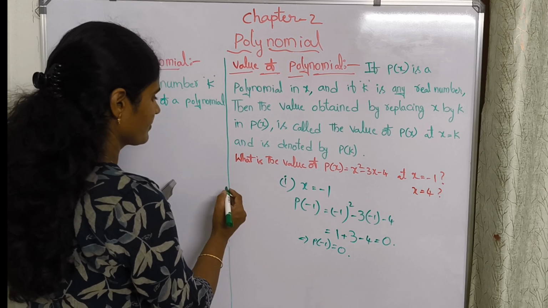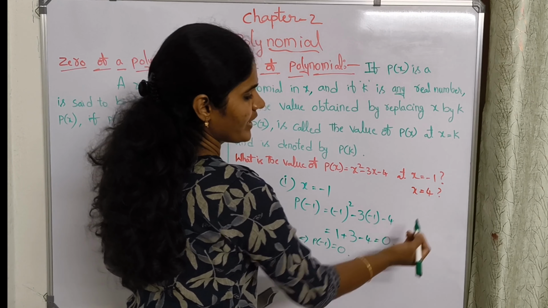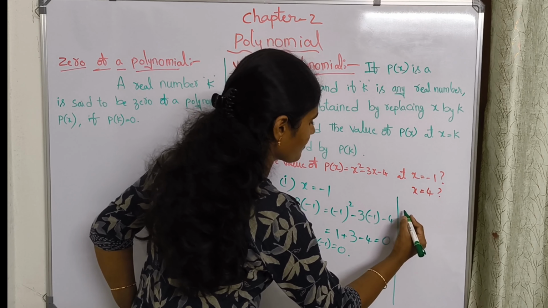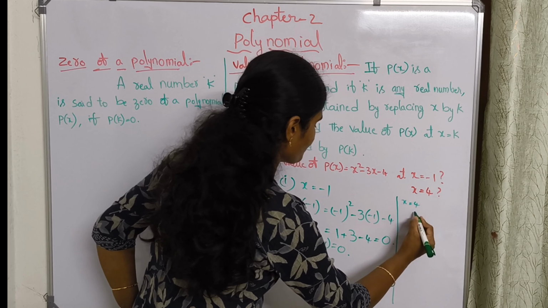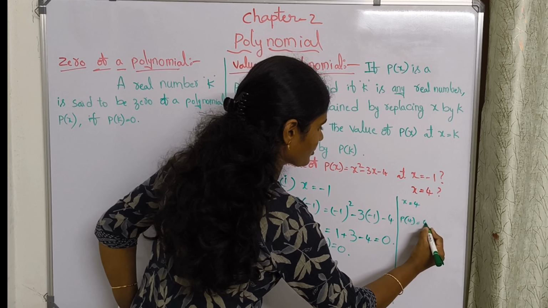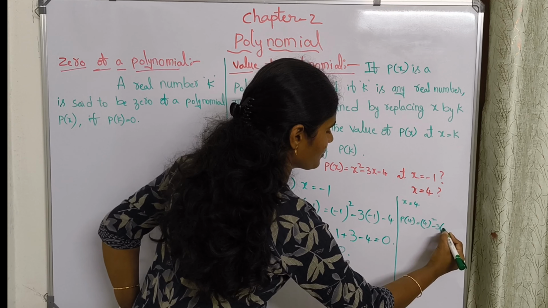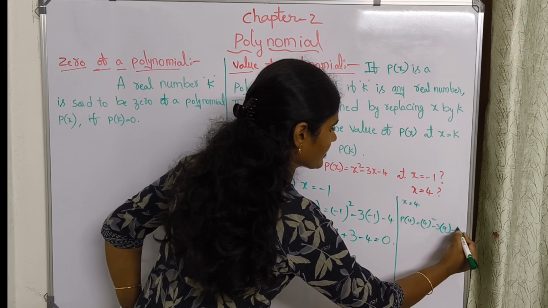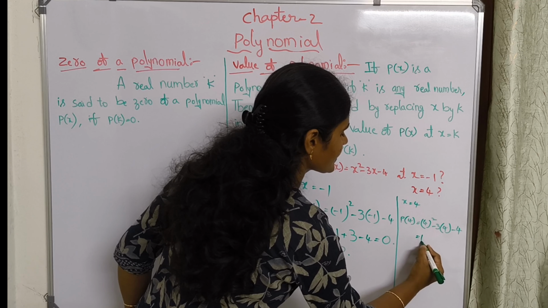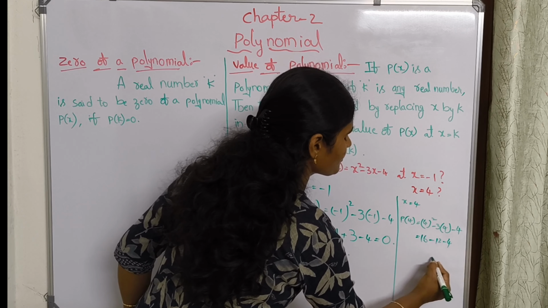This is p of minus 1 equal to 0. Next, x equal to 4. X equal to 4 means you substitute here at x equal to 4. P of 4 equal to 4 square minus 3 into 4 minus 4. So 4 square is 16, minus 12, minus 4.